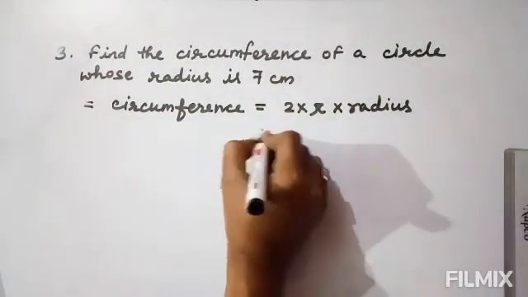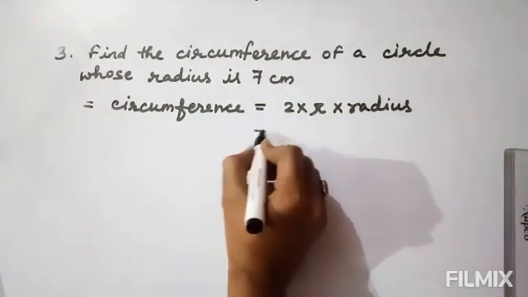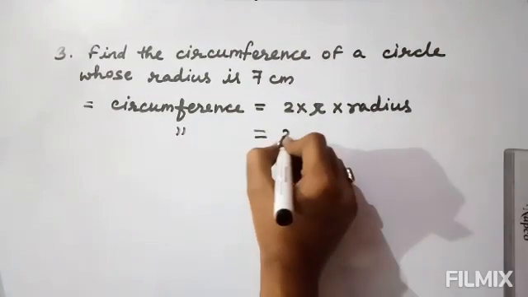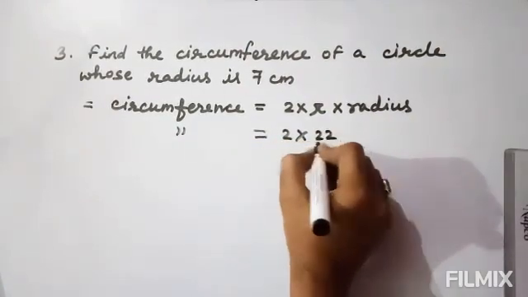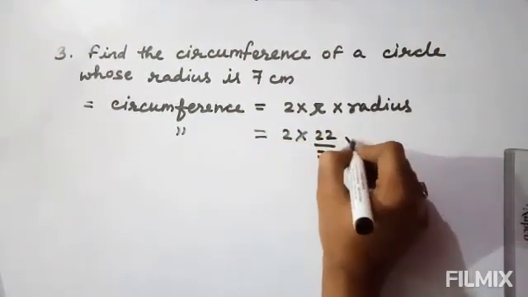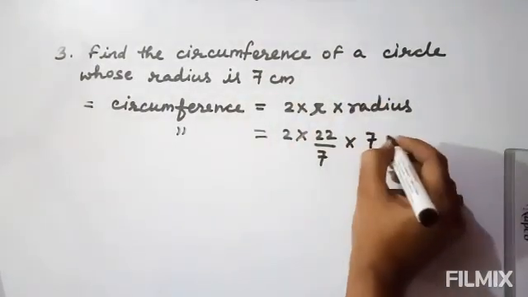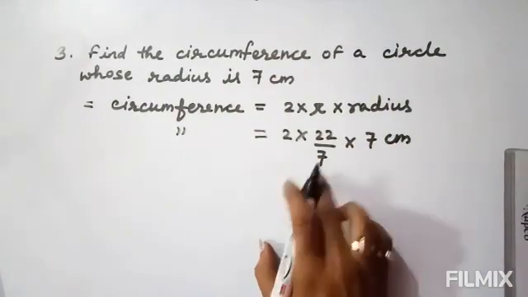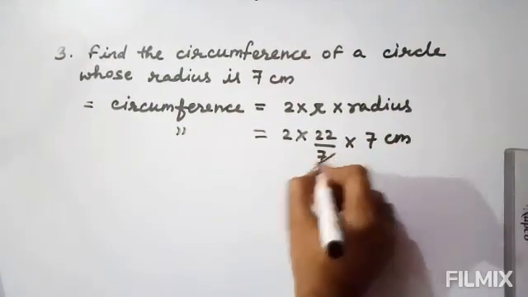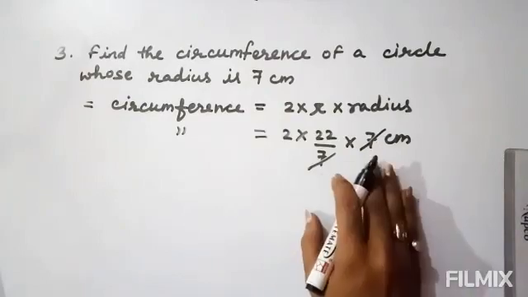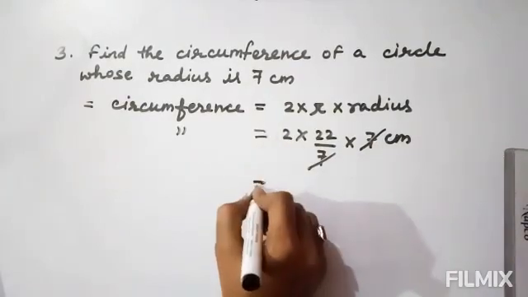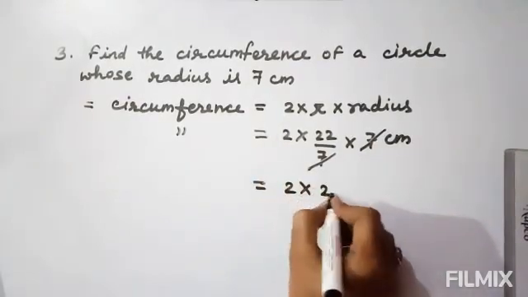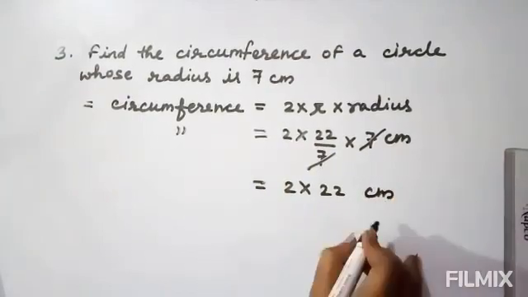Here we will put the value of pi and the radius given, 7 cm. As it is given in the division form, we can cross this number, that 7 will divide by 7. So 2 multiply 22 cm remain here.